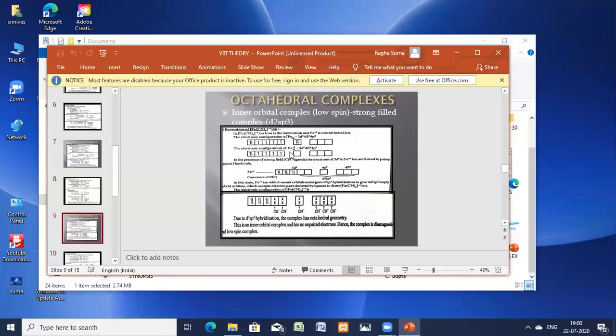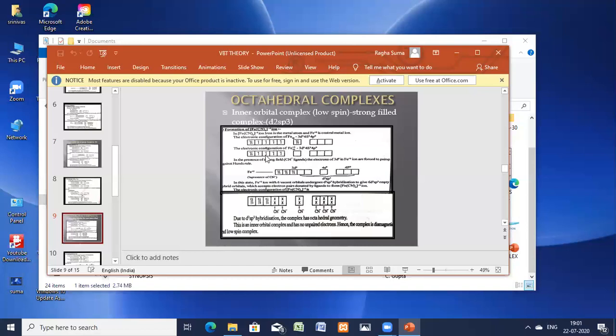Now for the ion, it is +2. So in this +2 state, 3d has 6 electrons, 5 and 1. Now these two s electrons are lost, so you are getting 4s0 and 4p0. Two electrons are lost from the s orbital.